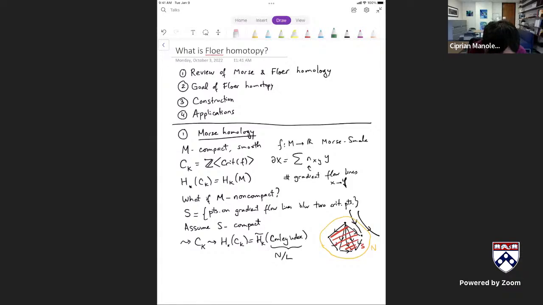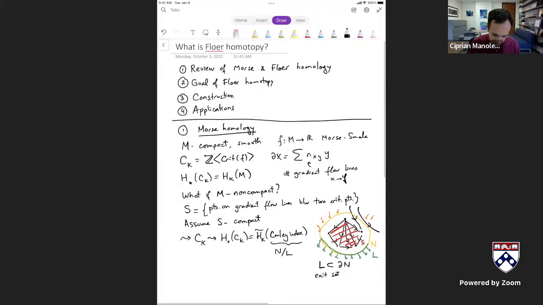And then on its boundary, we're going to look just at the set of the exit set, so the parts on the boundary where the flow exits as opposed to entering. So L is the exit set. And yes, Morse homology is the homology of N relative to L, because basically you're attaching cells to L to build N by Morse theory.